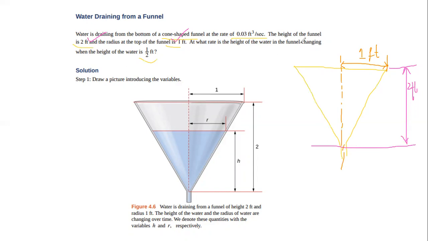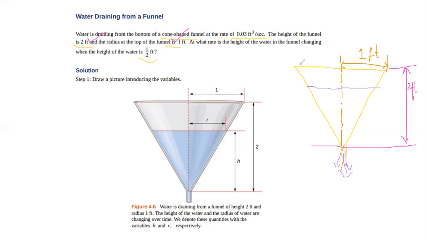Now the next thing is the height of the water and the radius of water are changing over time. Let us see the rate: the water is draining from this side, that is, water is flowing from this point. So the height decreases. Let us say that the new height is this one.